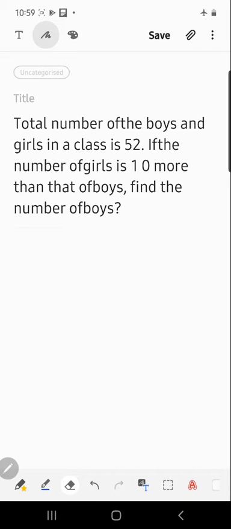Here is a problem: the total number of boys and girls in a class is 52. So there are 52 members in the class in total. If the number of girls is 10 more than that of boys, then find the number of boys. After reading the problem carefully, you have to understand what they have given.